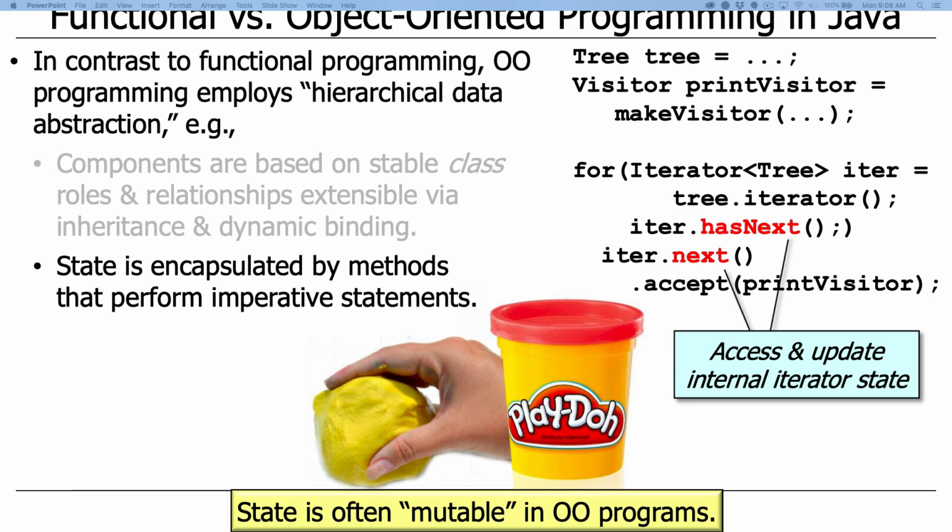But that requires updating state, right? Under the hood, we're changing the state of the iterator. In fact, you'll see when you do assignment 1A, if you're a grad student, or assignment 1B, if you're an undergrad, you'll end up implementing these various iterator-like mechanisms. And you'll see that state is being changed. So what that says is that in object-oriented programs, state is often mutable, though typically encapsulated. You don't see it, but it's being changed behind the scenes.